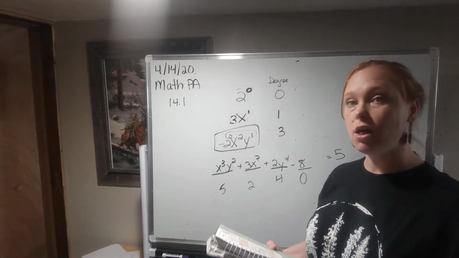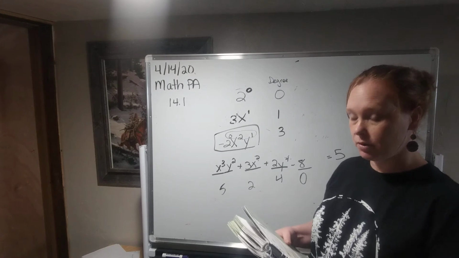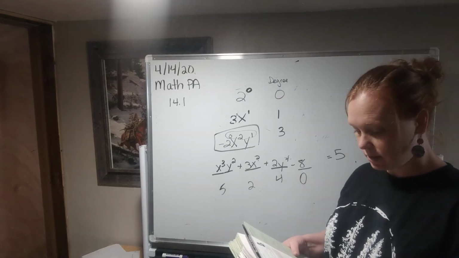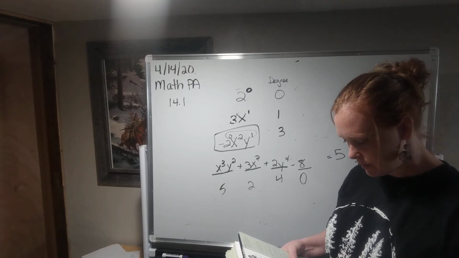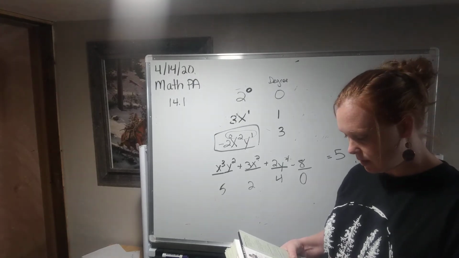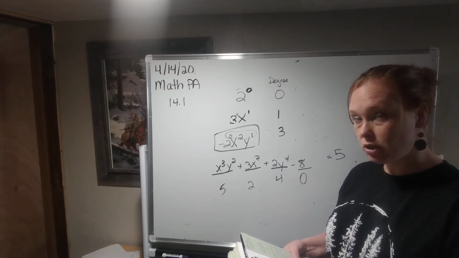I'm just going to call out the answer. Look at number 1, and you're going to give me the degree of the polynomial. Number 1 is 2. Number 2, 7. Number 3, 2.